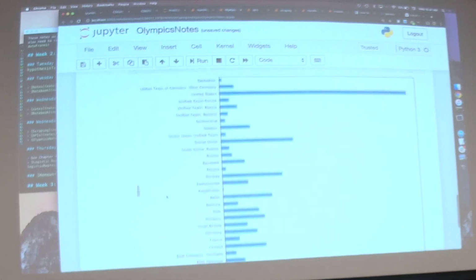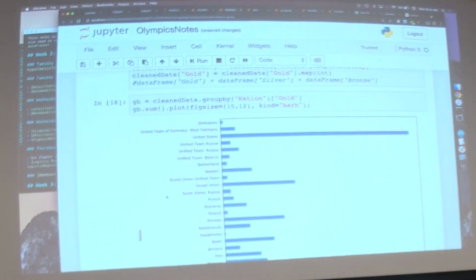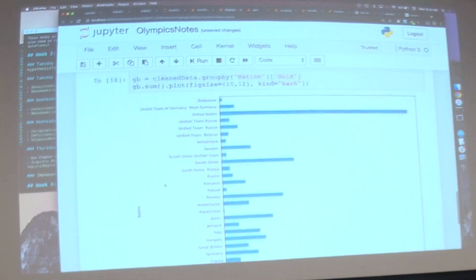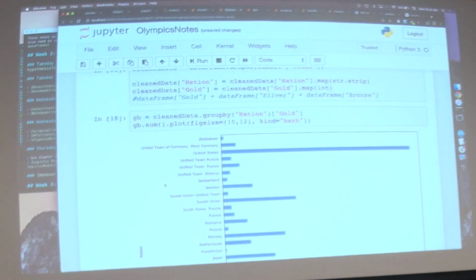And now I can plot the number of gold medals by country and do all sorts of fun stuff like that. So I have converted my HTML table into a data frame object that I can do all this sort of manipulation with.